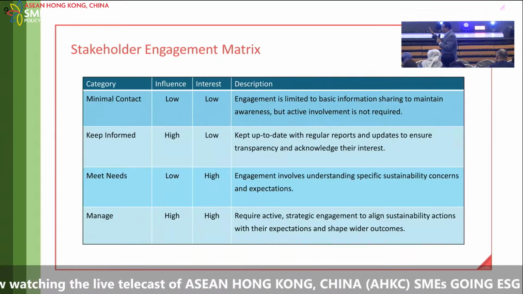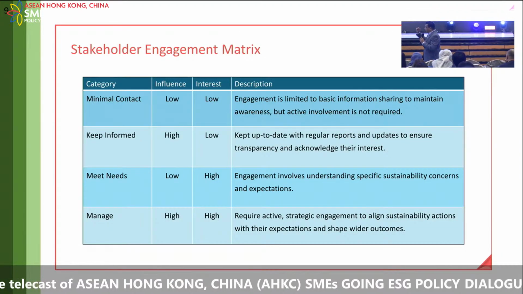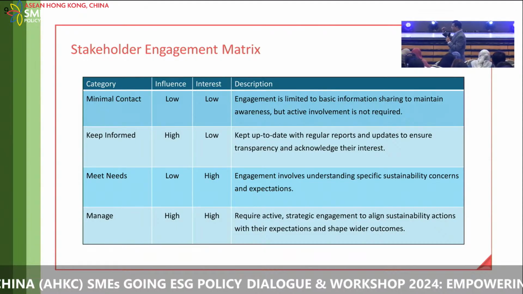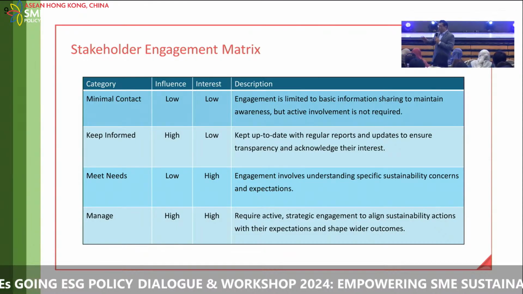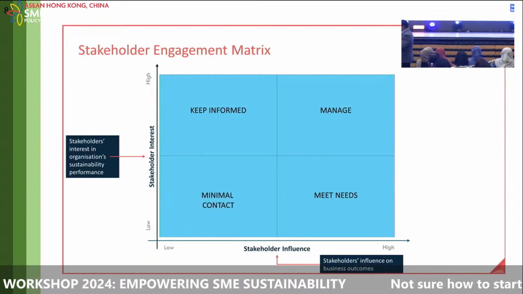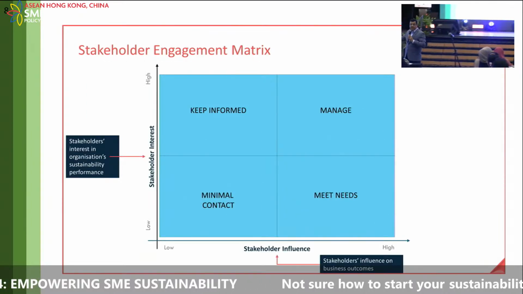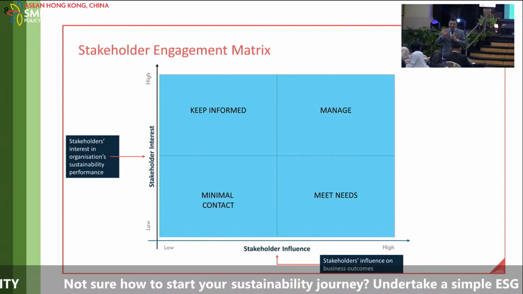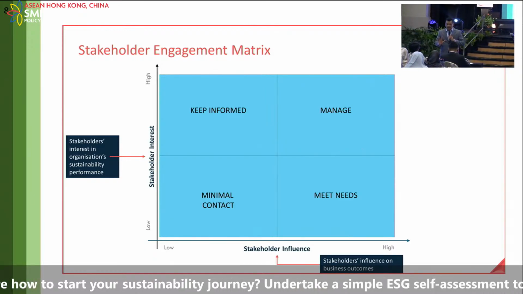Next slide, please. All right, so anyway, let me show this. If you find that in terms of influence and interest is low, can I go back to the earlier slide? Okay, so that's basically down there. When you say minimal contact, what it basically means is that they're not really that significant to your business.